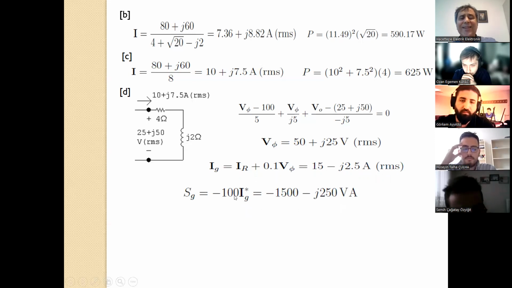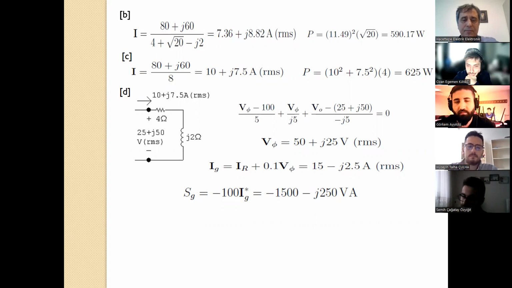It was 100 volts. How can you define this minus sign? Due to sign convention again, because it is going upwards, so it should be negative sign. There is no 1/2 because it is RMS values. And then you have to put here IG complex conjugate value.